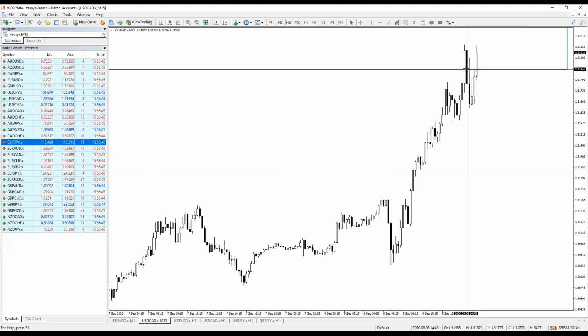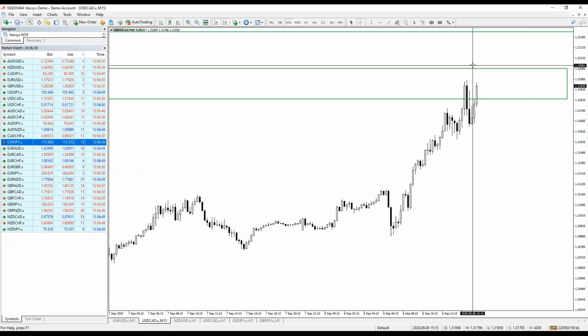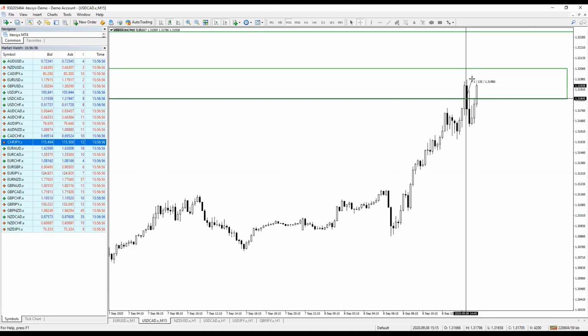Once price had entered, and remember our risk is all the way up to 1.32, price gave us 13 pips drawdown, and then went down about 20 as a reaction.